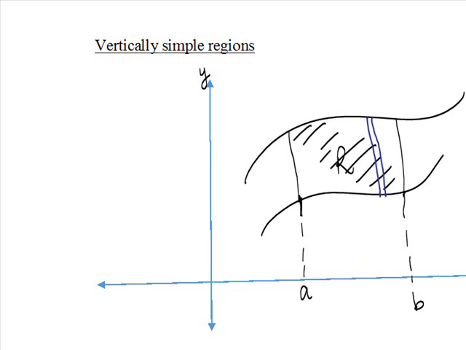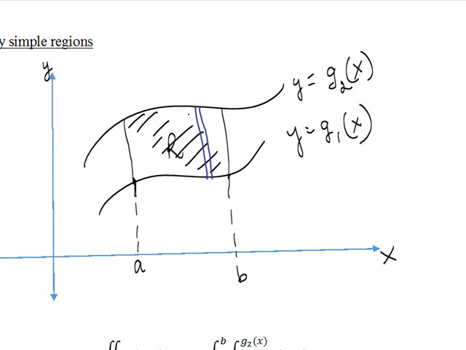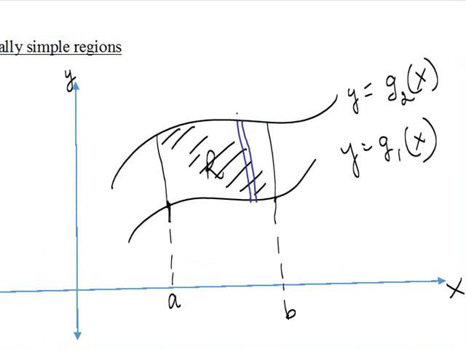Just imagine, think of Riemann sums. When we were doing Riemann sums, we divided the region into vertical strips, right? So just imagine this region is divided into strips. If you see this single strip that I have, if you keep on moving this strip throughout the region and the ends always lie on the curve, it is called vertically simple.